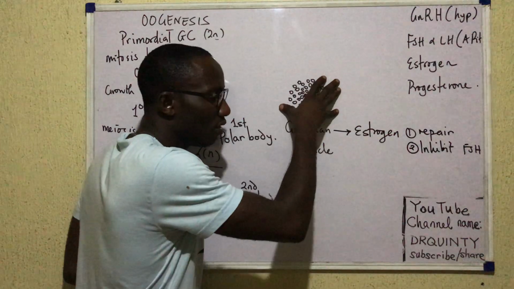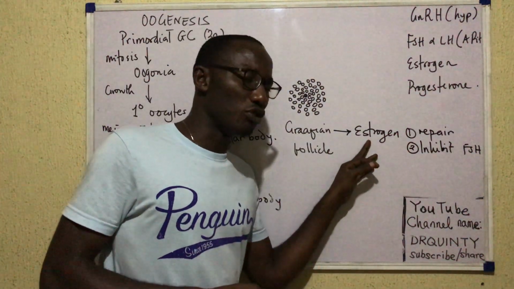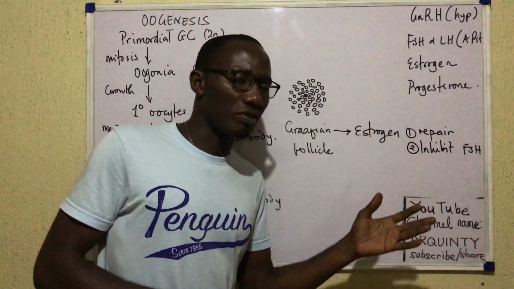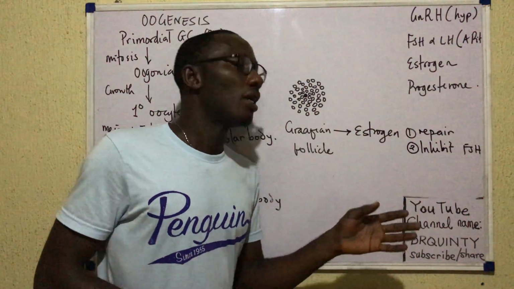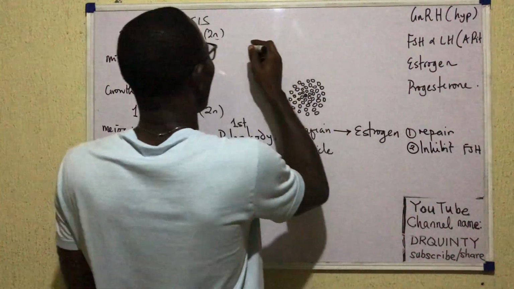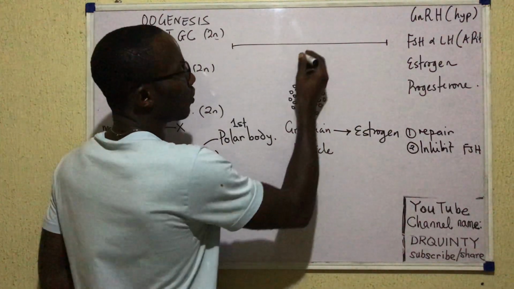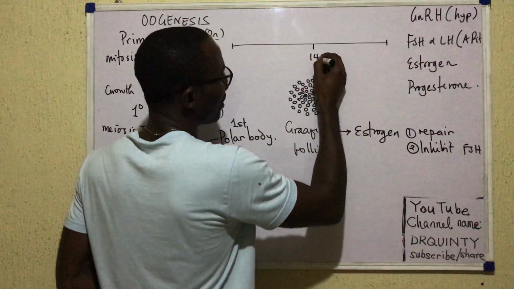And as it develops, as it becomes bigger in size, the estrogen it is producing will also be increasing in quantity. Now, somewhere around the middle of the woman's cycle, ordinarily we say a woman has a cycle of about 28 days. So this is like a midpoint, 14 days.